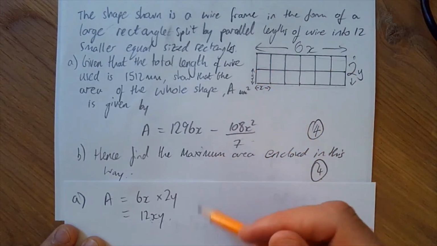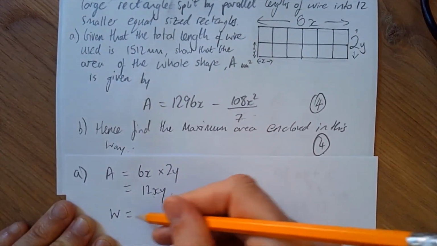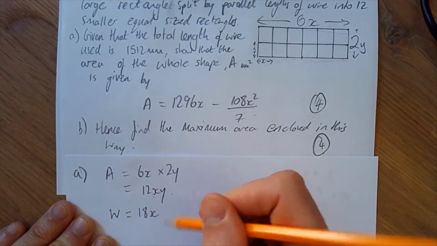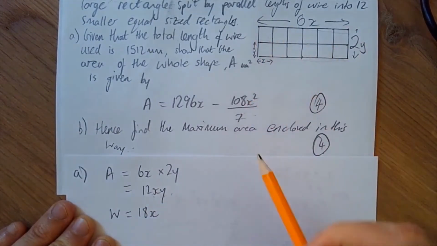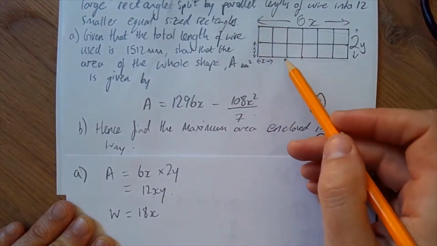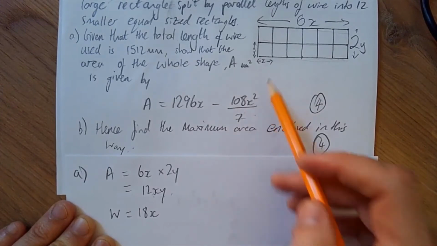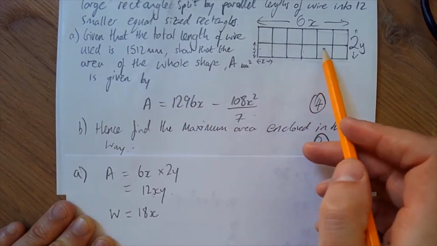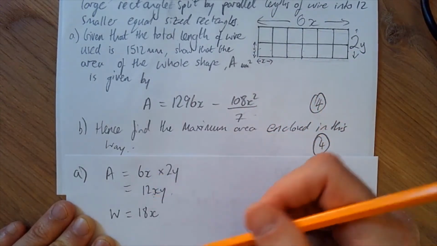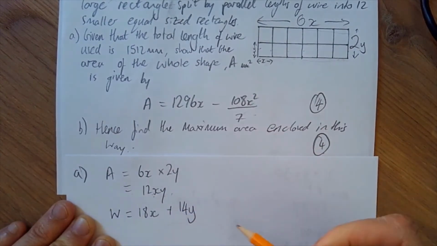So the horizontal wire is 18x. I'm going to write wire. We've got 18x on the horizontal, and then on the verticals we've got 2y, 2y, 2y, 2y, 2y, 2y, 2y. That's 12y, isn't it? 1, 2, 3, 4, 5, 6. No, it's 14. So that's 14 y's going vertically.